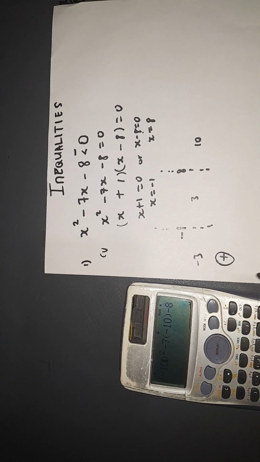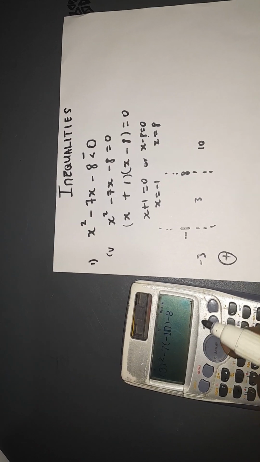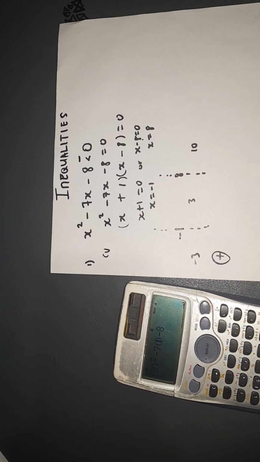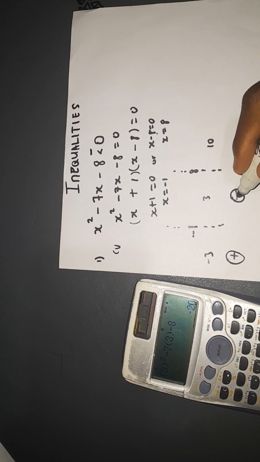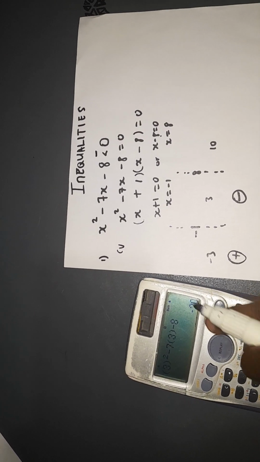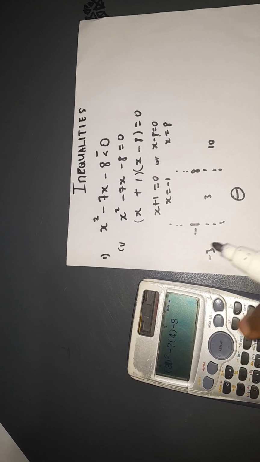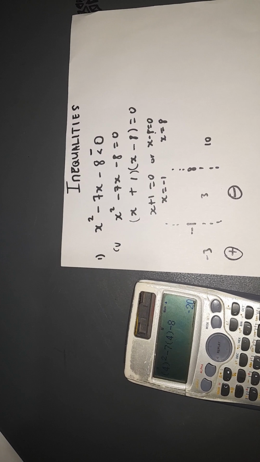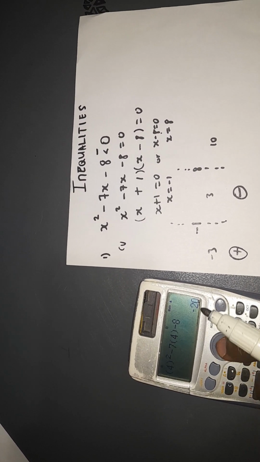Let's use 3, the chosen one. You can see it gives us a negative number. And we can also try twice just to check whether we are on the right track. You see, it still gives us a negative number.